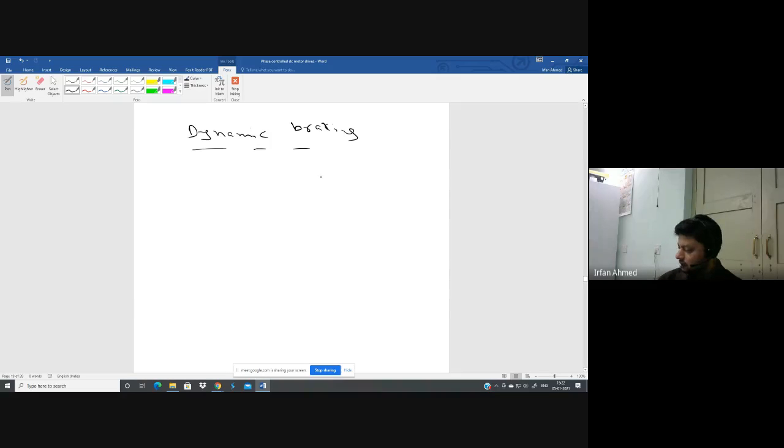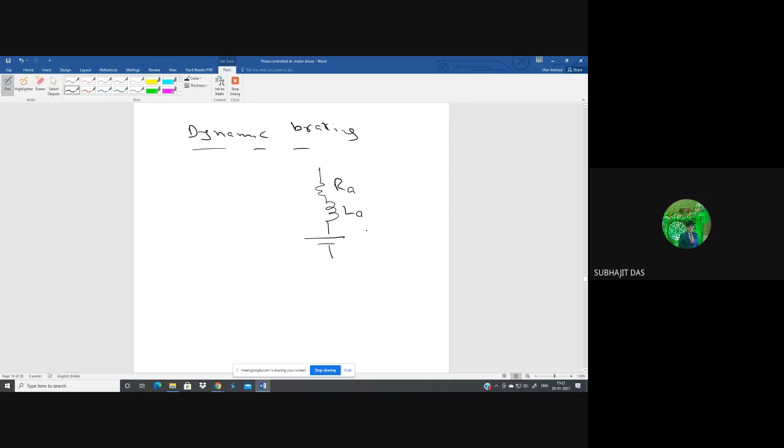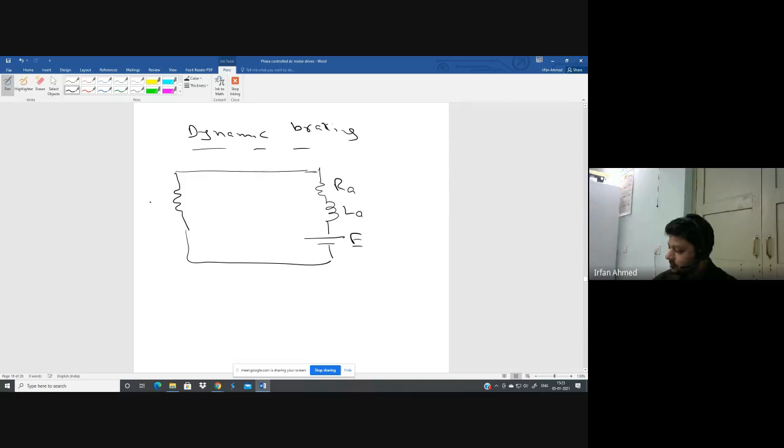Okay. So under normal conditions, see the armature resistance RA, inductance, back EMF. Means when the chopper is off, that period, this is your braking resistor connected across the armature terminals.